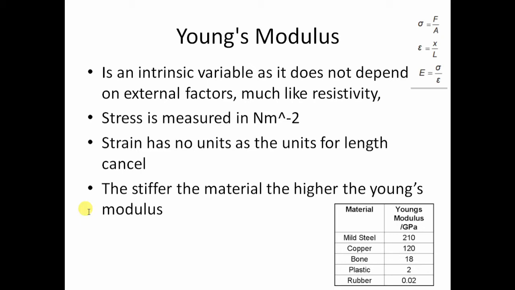Stress is force over area and is measured in newtons per meter squared, and strain is a measure of extension over original length. Because those are both per meter, the units cancel, so there are no units. A Young's modulus of a material is often quite large. If measured in pascals, it's often around gigapascals in size, so times 10 to the 7, times 10 to the 8, quite large.